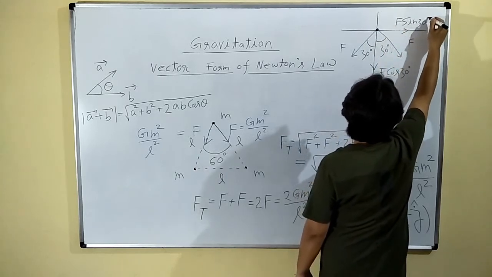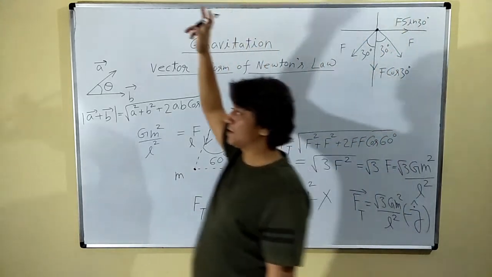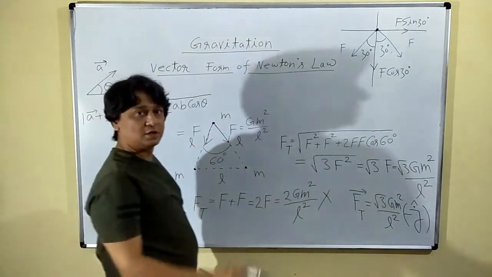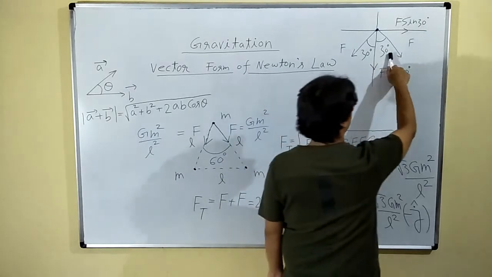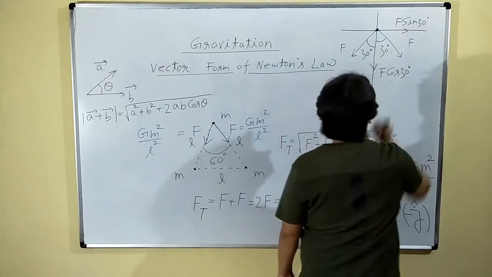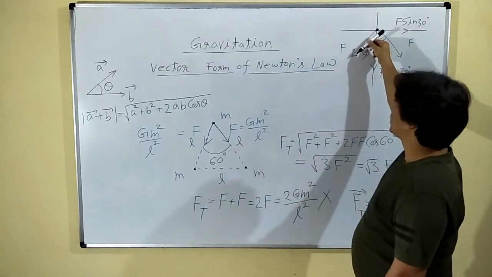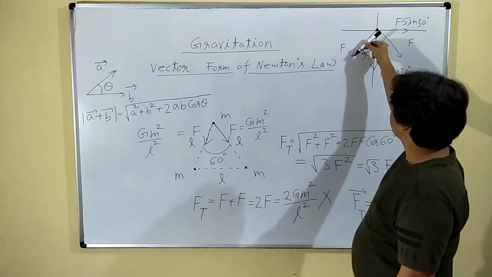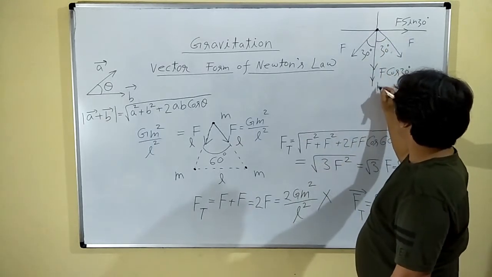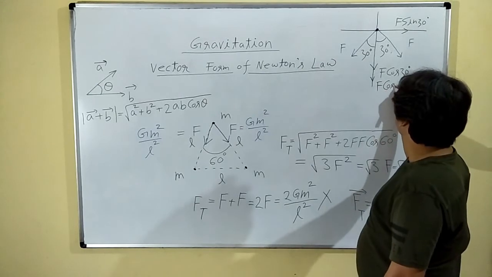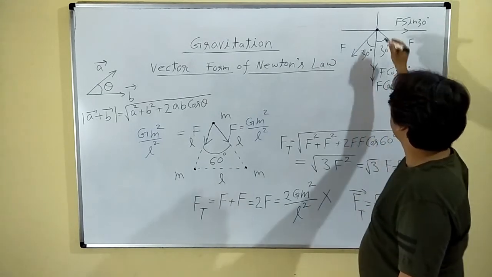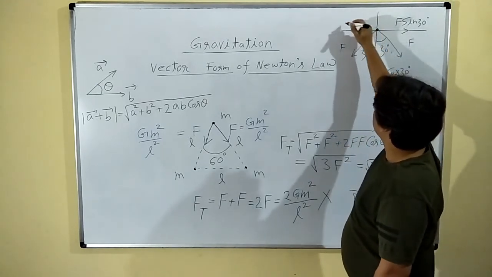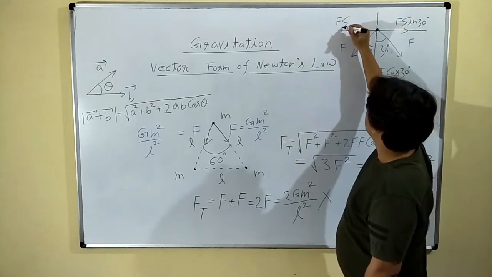कुछ लोग ये चीज दिमाग में रख लेते हैं that horizontal is cos. नहीं, जिस तरफ एंगल होगा that is cos. Other one is what? Sin. Similarly, resolve this F. इस F का downward component is what? F cos 30, and this side component is what?